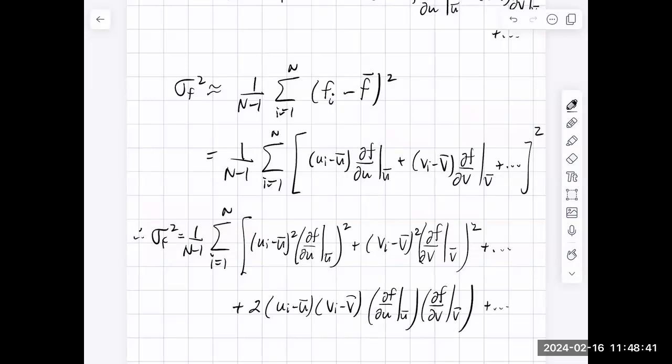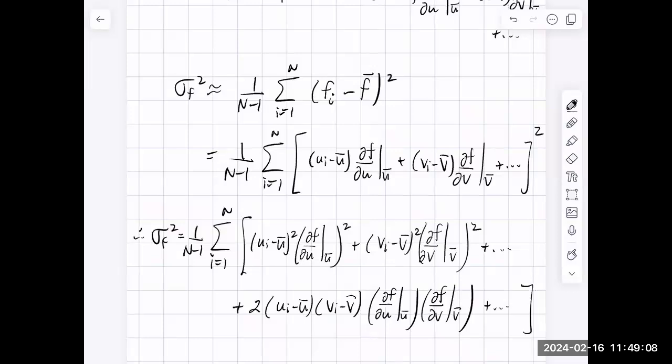And there would be more cross terms if there were other variables besides u and v. No, it's not a double derivative. It's a product of 2 first order derivatives.